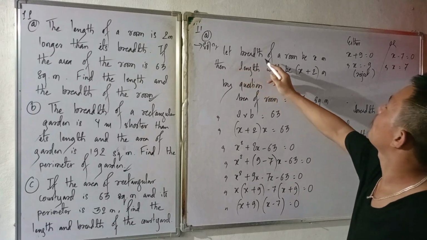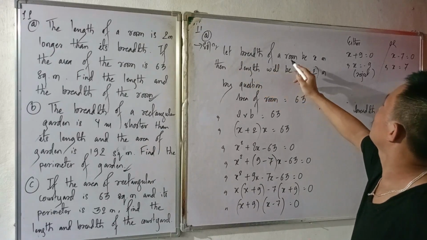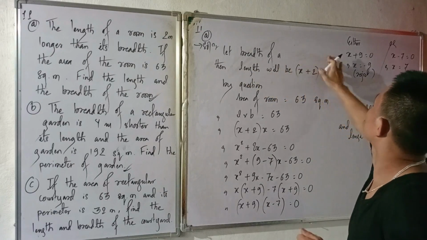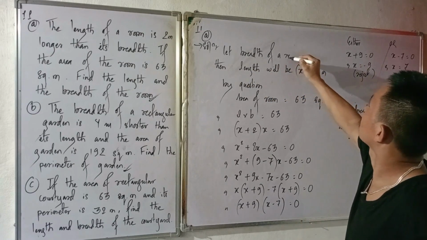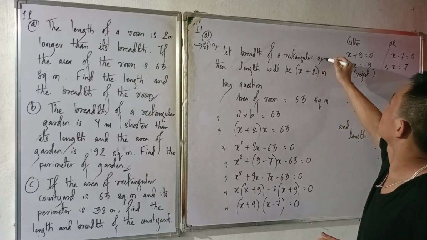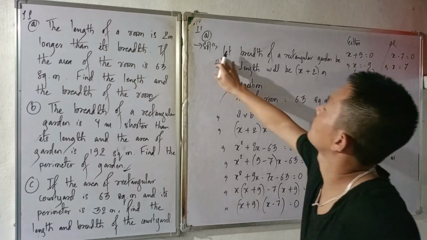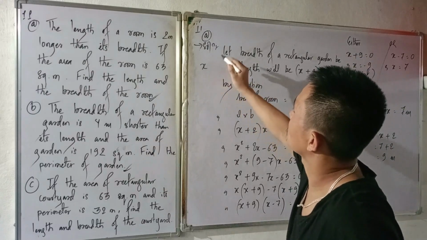Let the breadth of a rectangular garden be x. This is 11B.